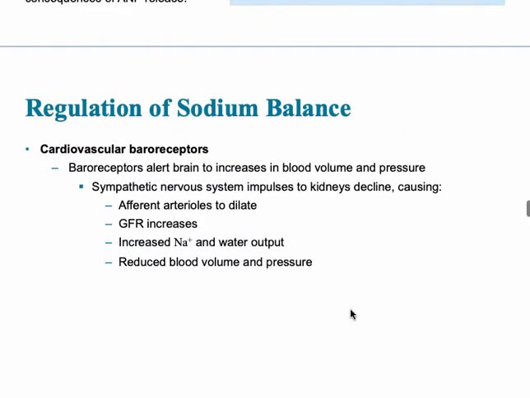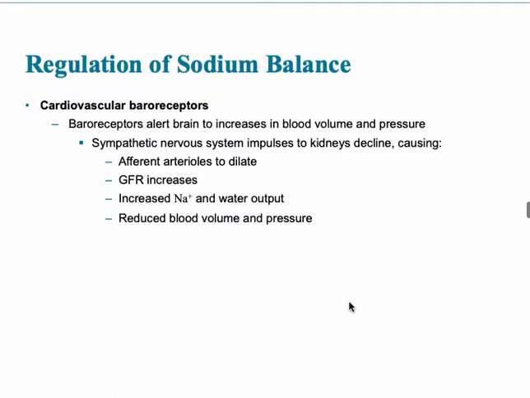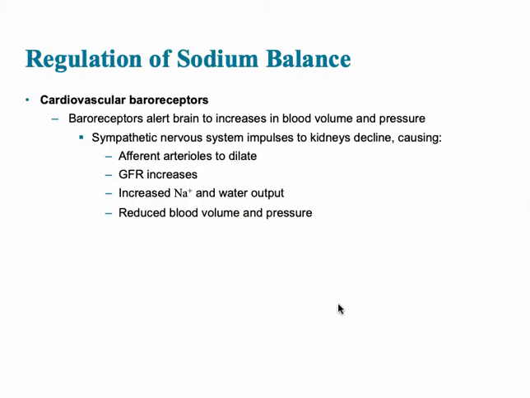So a neural pathway that regulates sodium balance is on this slide, and it's the cardiovascular baroreceptors. So when the blood pressure is decreased, this will help to increase blood pressure and increase blood volume.